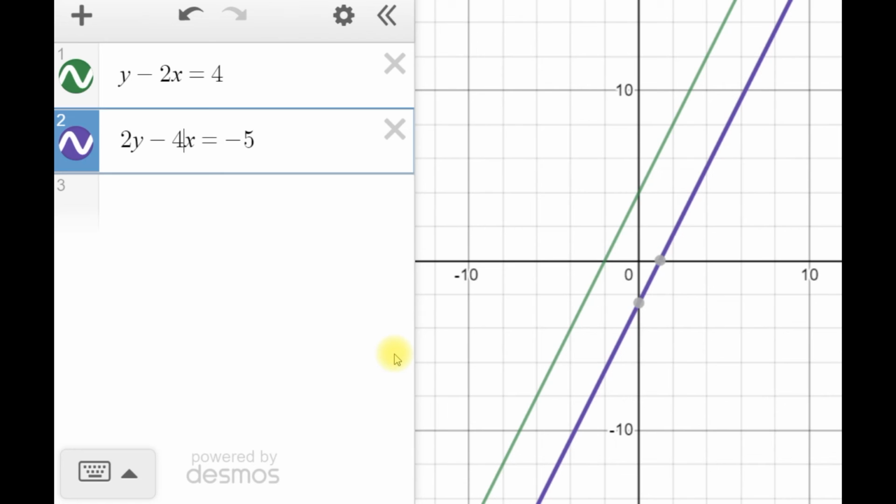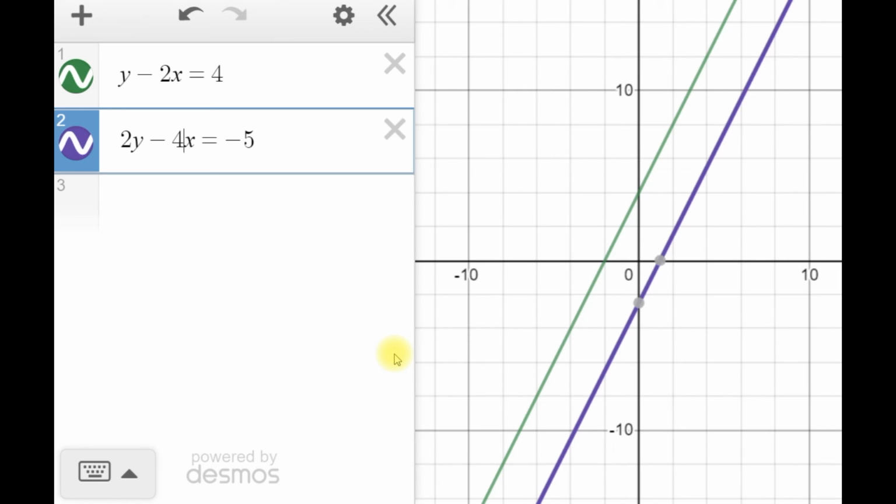One point to just point out here, which I think is important, supposing we get these 2 equations, y minus 2x is equal to 4 and 2y minus 4x is equal to 5. Now, if you try and solve these 2 equations simultaneously, either by substitution or elimination, you'll find that you cannot find an answer.